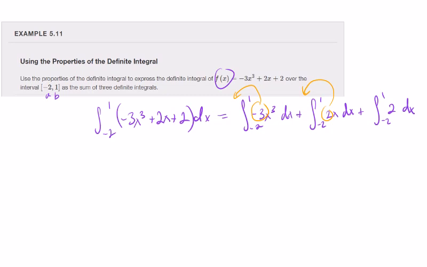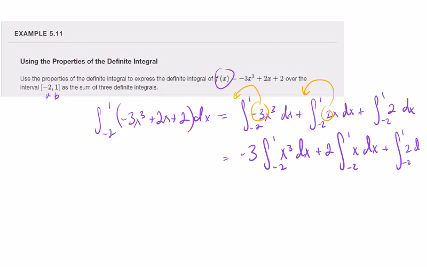But we'll go -3 here in front, -2 to 1 of x cubed dx plus 2 times the integral from -2 to 1 of x dx plus the integral from -2 to 1 of 2 dx. All right, and so that's our answer. We made that into a sum of three definite integrals.